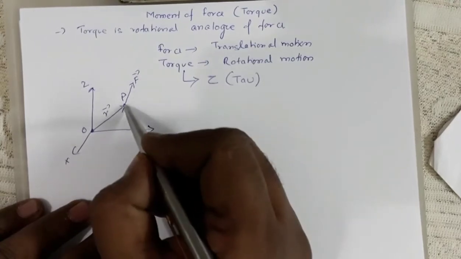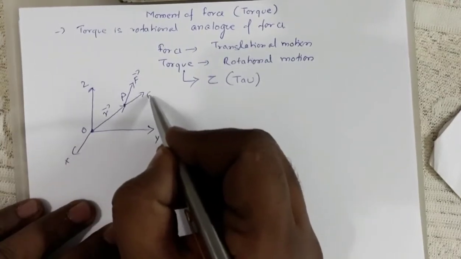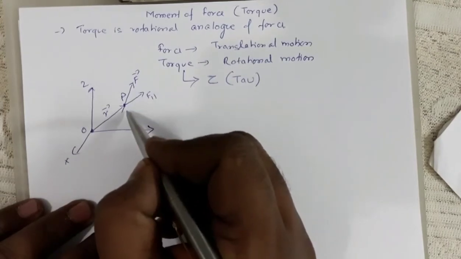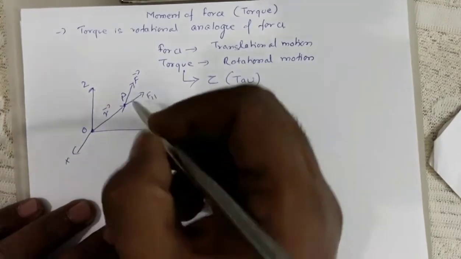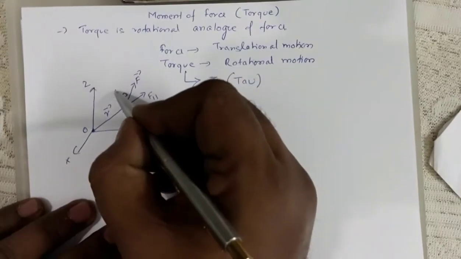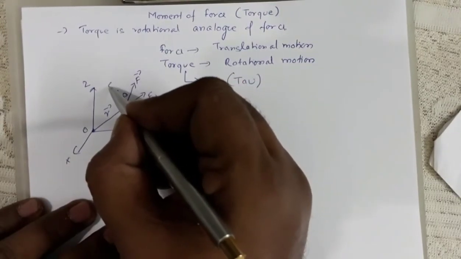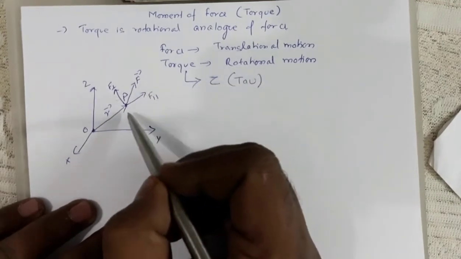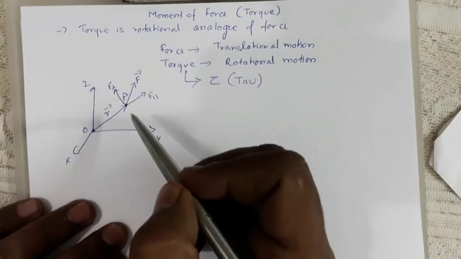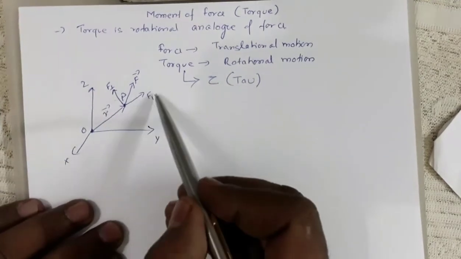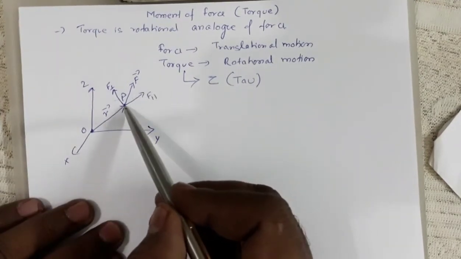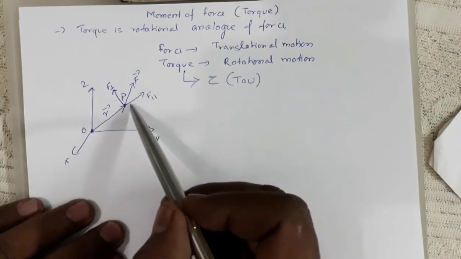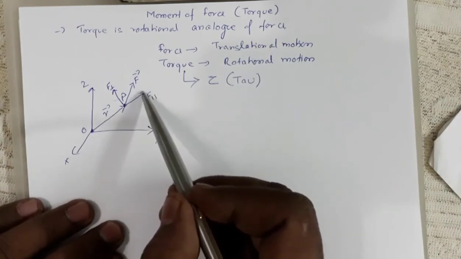This force will have a component F parallel, the component of F which is parallel to r, and another component, F perpendicular, which is perpendicular to r. As we have seen, if F parallel acts on point P, it will produce a translation motion.